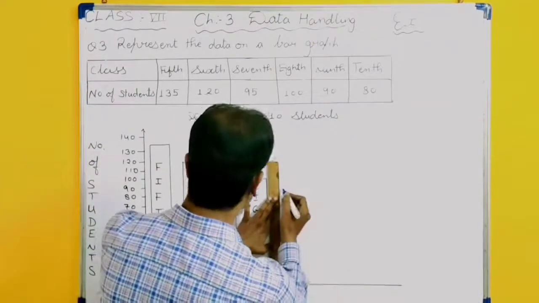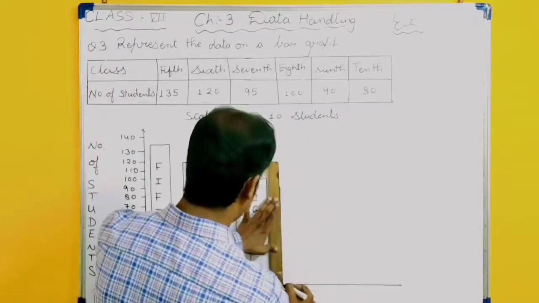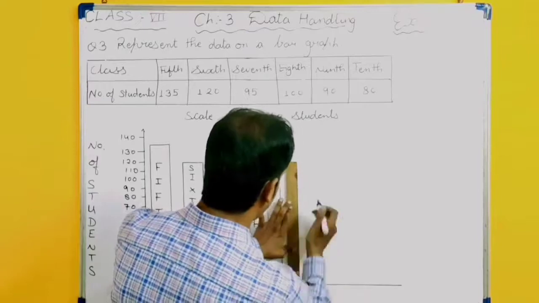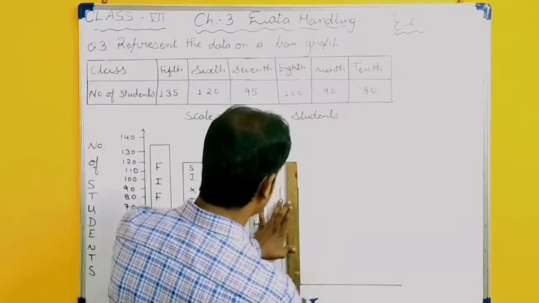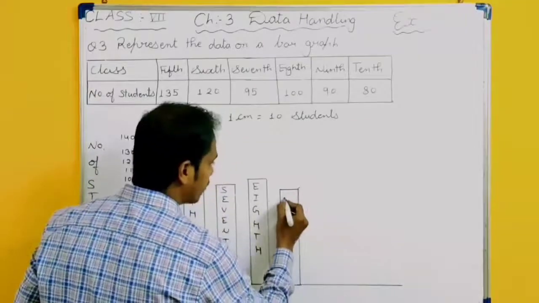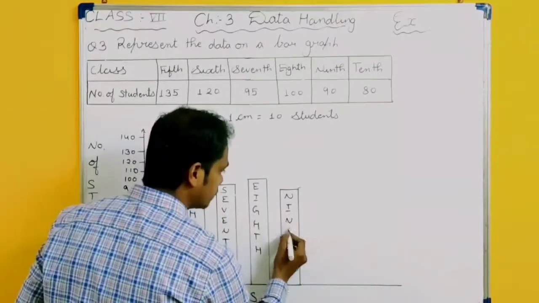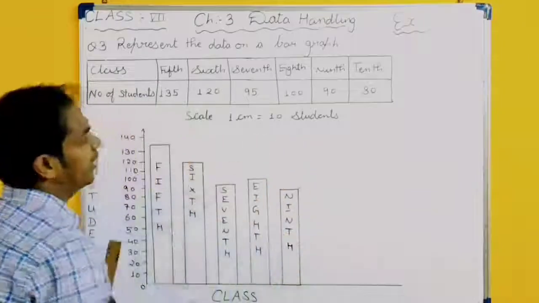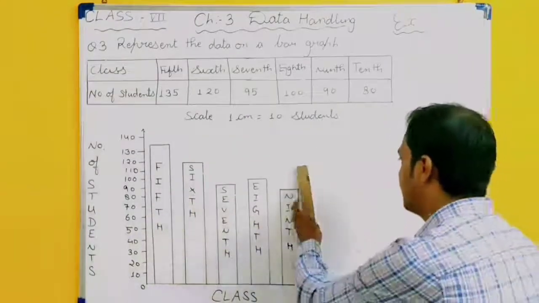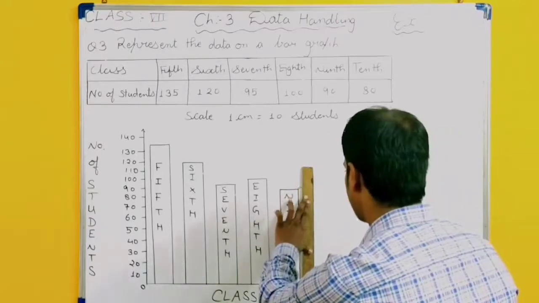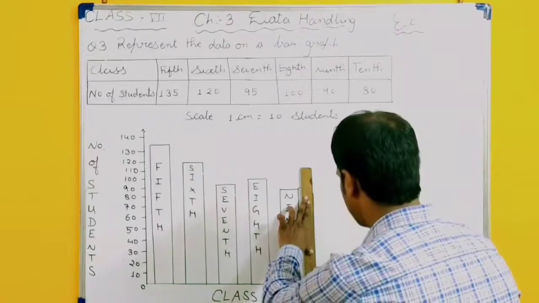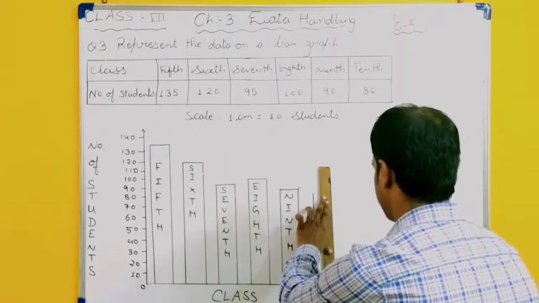So for 9th class I will draw this bar up to 90. This is your 9th class. And 10th class, 80. So draw here one bar for 10th class.